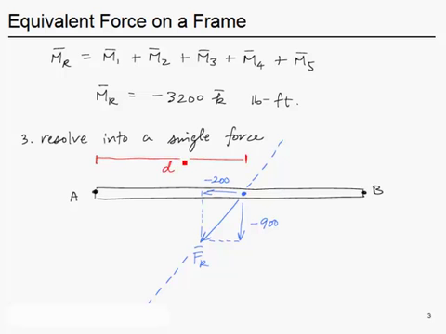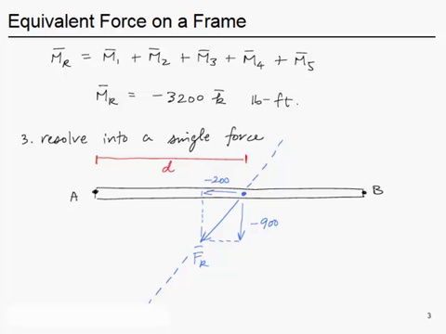And when we draw it this way, you can see two things. One is that the minus 200 i component of the force doesn't give us any moment around A, because the moment arm is 0. It directly passes through A. And all of the moment around A is tied up in this minus 900 force, which is the j component of this resultant.